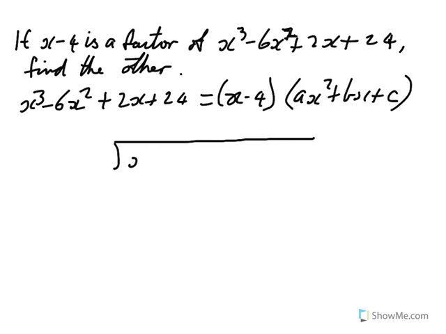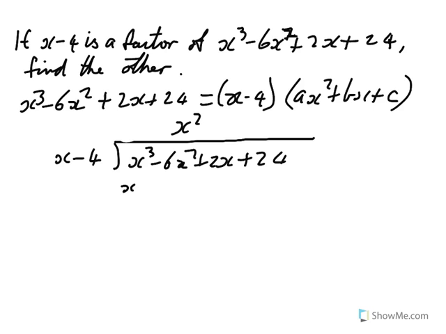Because if you divide x take 4 into it, what's left will be the polynomial after. To get x cubed you need to multiply x by x squared.